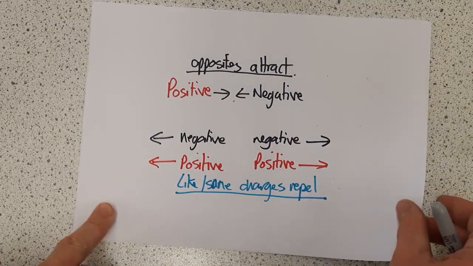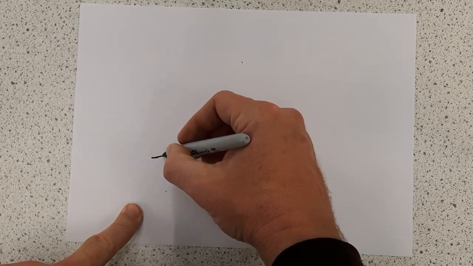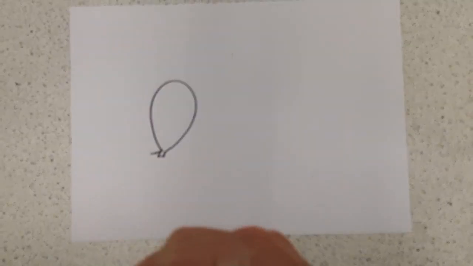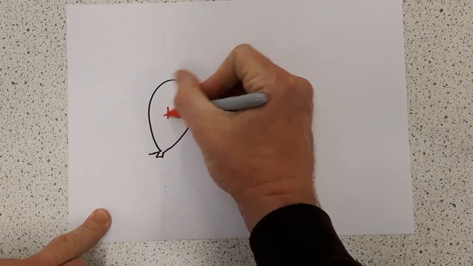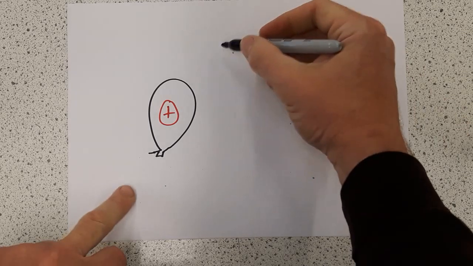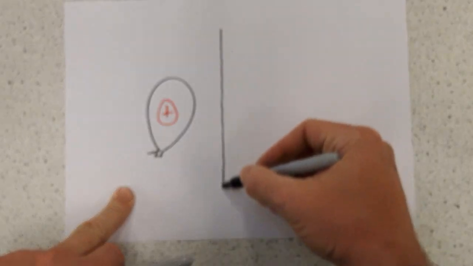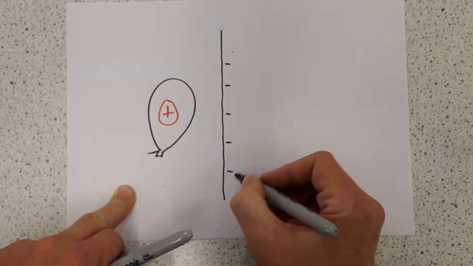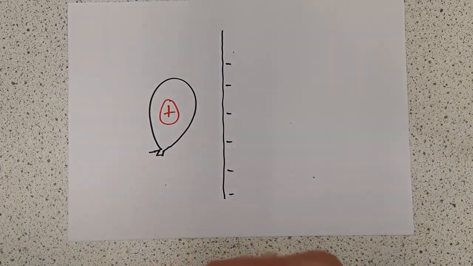Okay, final part on here is about the idea of inducing a charge. Now, if I bring my balloon, which has got a positive charge in this case, near to a wall, now the wall itself is neutral, so it's got the same number of positive and negative charges.